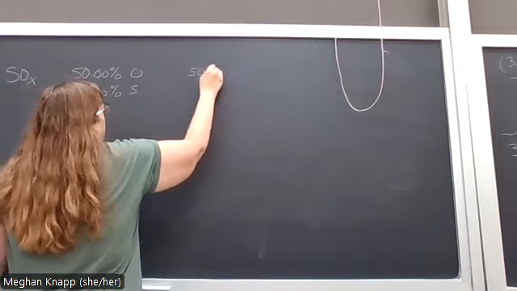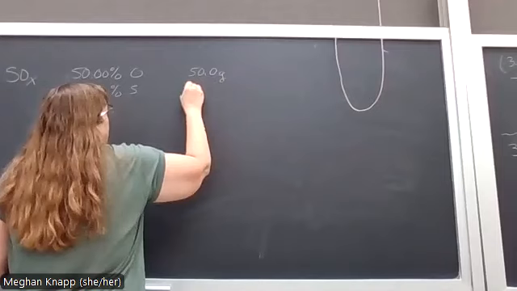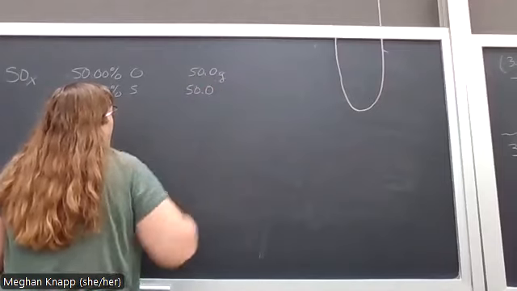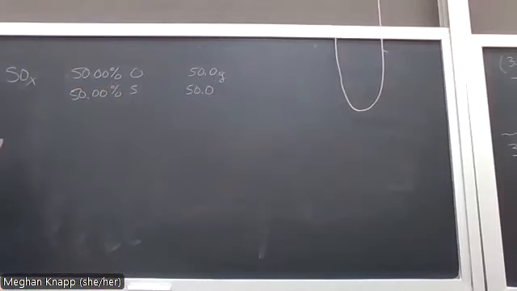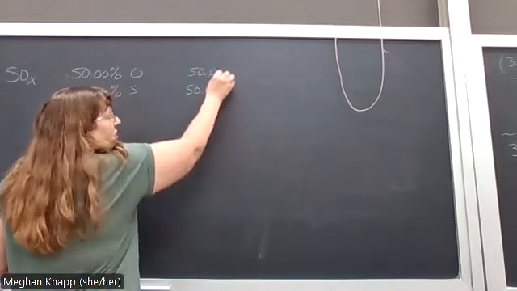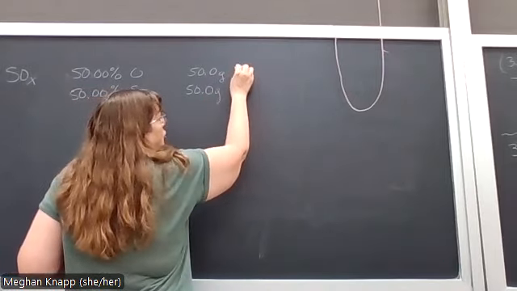And I had a handful of people that got grams and then started adding the molar mass of sulfur and oxygen together. But we don't know what the total molar mass of this is. So we can't do 32 plus 16 and start dividing by that because we don't know what that is yet. So what we want to do is convert each individual part to moles.